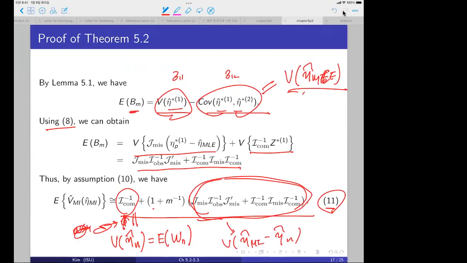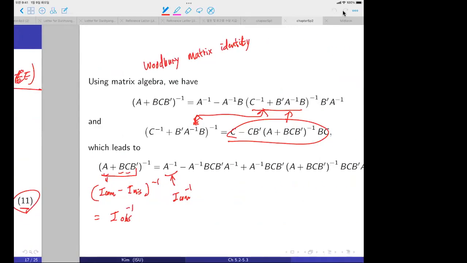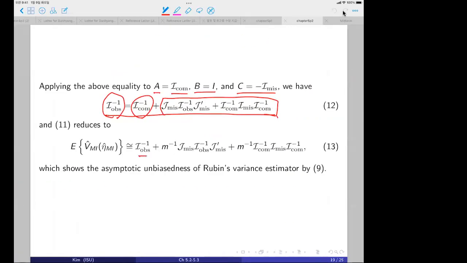So that means you have, so let's expand this 1 plus 1 over m with the second term, right? So let's expand this one, m plus 1 over m times this one. And then the first term is actually the sum of the three terms, this guy and this guy. That is actually this one, by 12. You know what I mean? So, okay, 11 is basically, let me write it down.